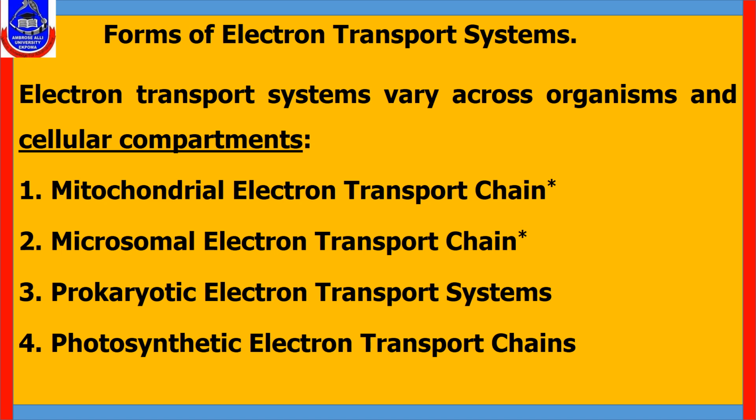Electron transport systems vary across organisms and cellular compartments, as we have the mitochondrial electron transport chain, microsomal electron transport chain, prokaryotic electron transport chain, and photosynthetic electron transport chain.